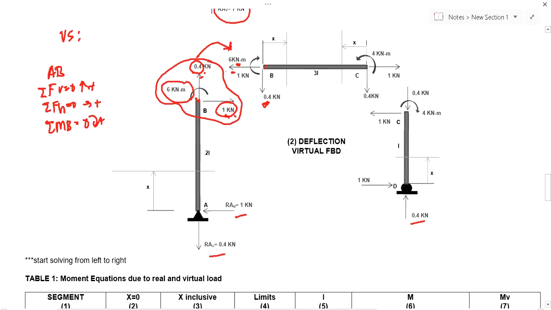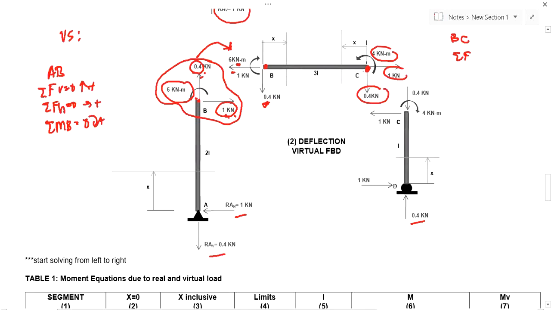There is no external. Okay? So once you have this, you can also solve the internal forces here at C. Okay? For B, C. Summation forces, the equilibrium equation is still what we will use to solve for 1 kilonewton, 4 kilonewton meter, and 0.4 kilonewton. Okay? So if we take summation forces vertical, this is upward.